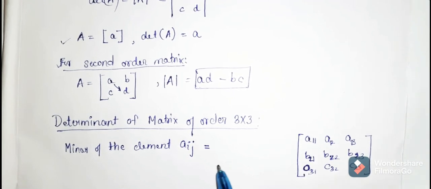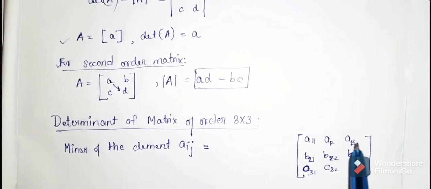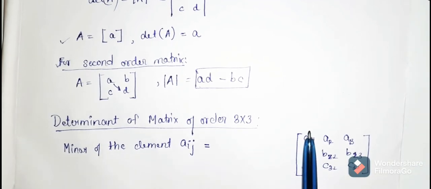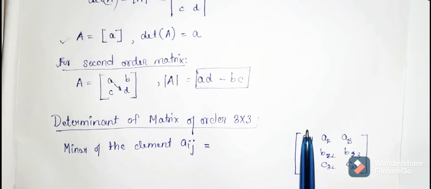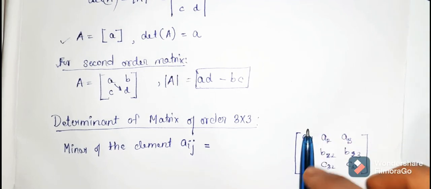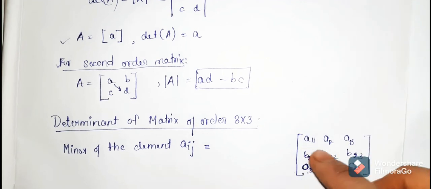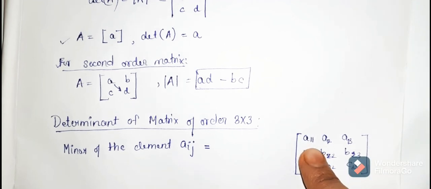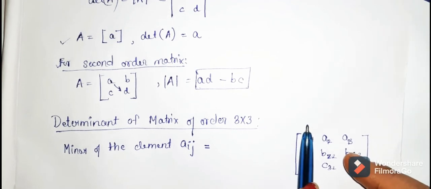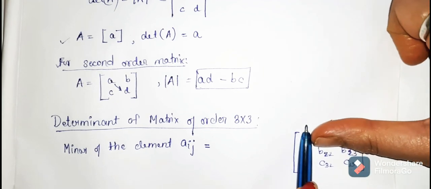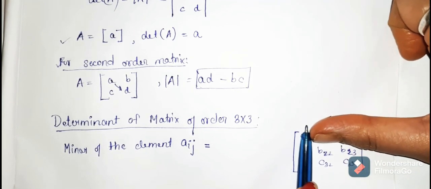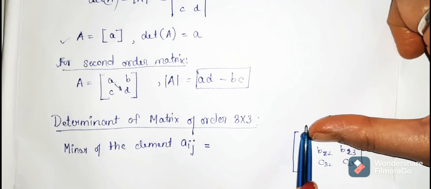So we just delete this row and this column. Suppose you are finding the minor of the element A11, then you just delete the first row and first column.